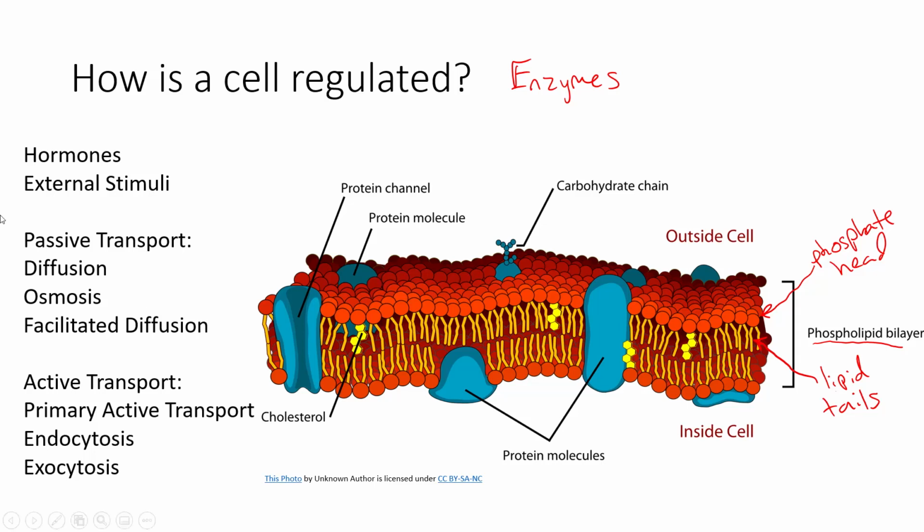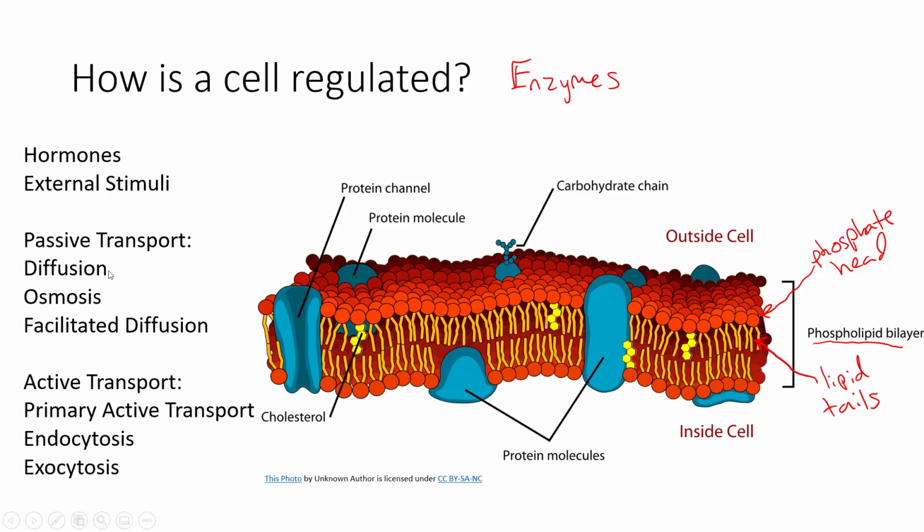So, passive transport is the movement of substances down their concentration gradient, and it does not require energy. Active transport is the movement of substances against their concentration gradient, and it does require energy.